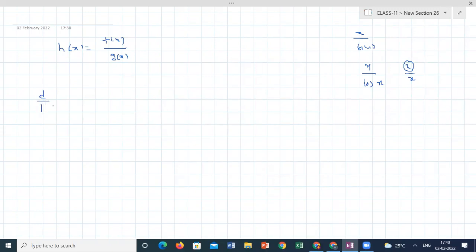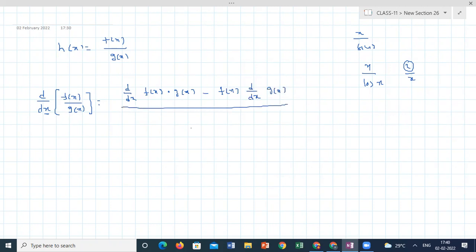Suppose I am differentiating with respect to x. So f of x divided by g of x will be equal to d by dx of f of x, the numerator differentiation, into the denominator, minus the numerator into the differentiation of the denominator function, divided by the denominator whole square.